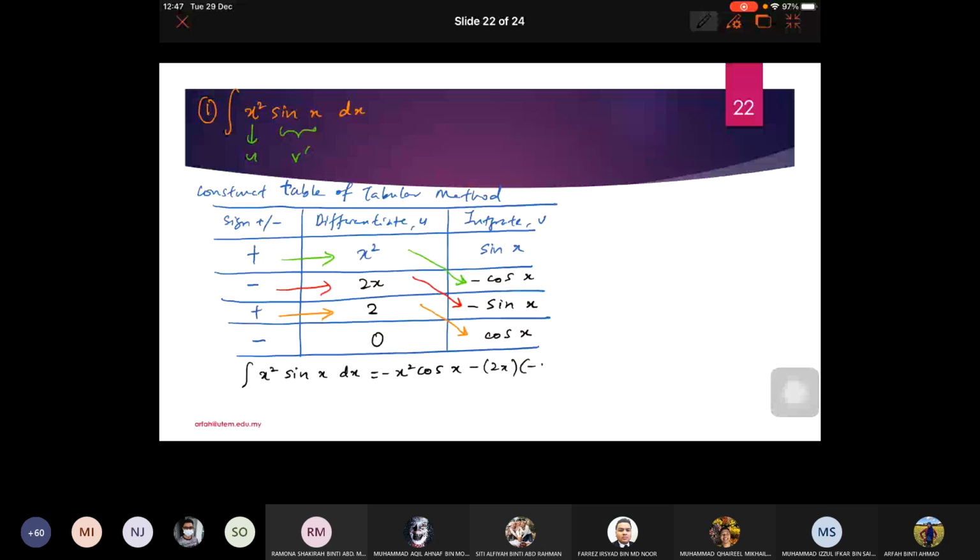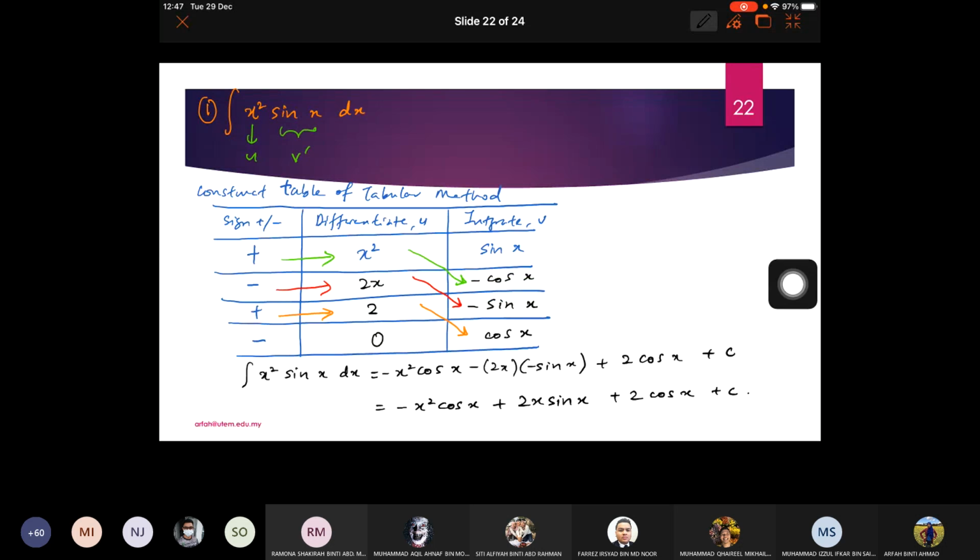Okay. And then tambah 2 cos x tambahkan dengan satu constant c, sebab kita tak tahu. So sama dengan negative x kuasa 2 cos x tambah 2x sin x tambah 2 cos x plus c. So ini adalah dia punya jawapan.